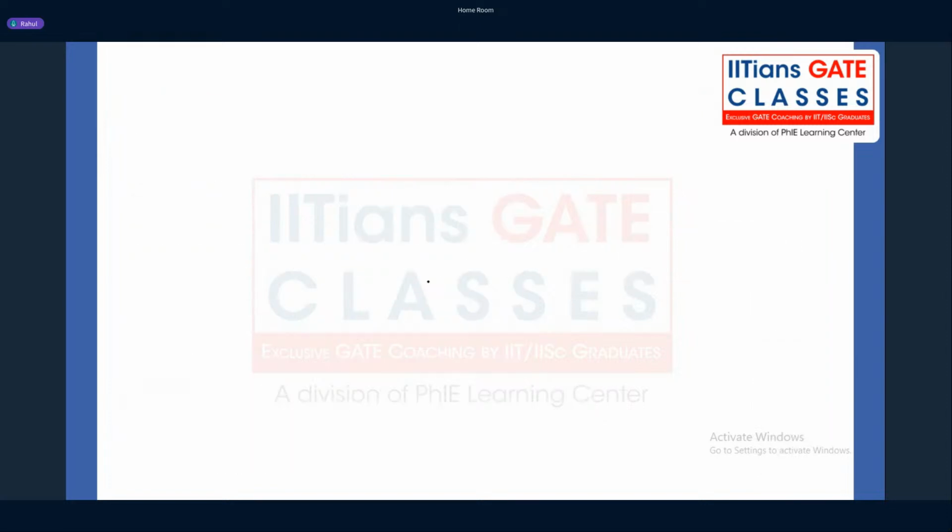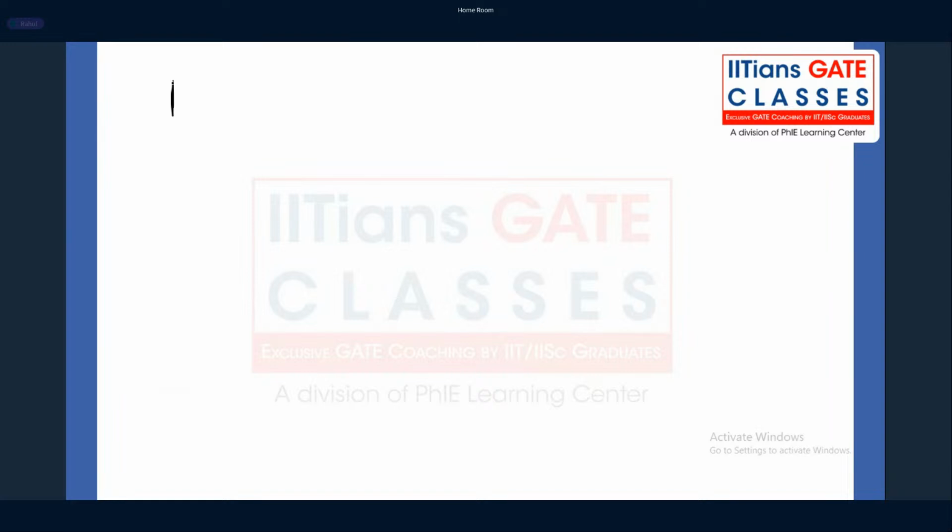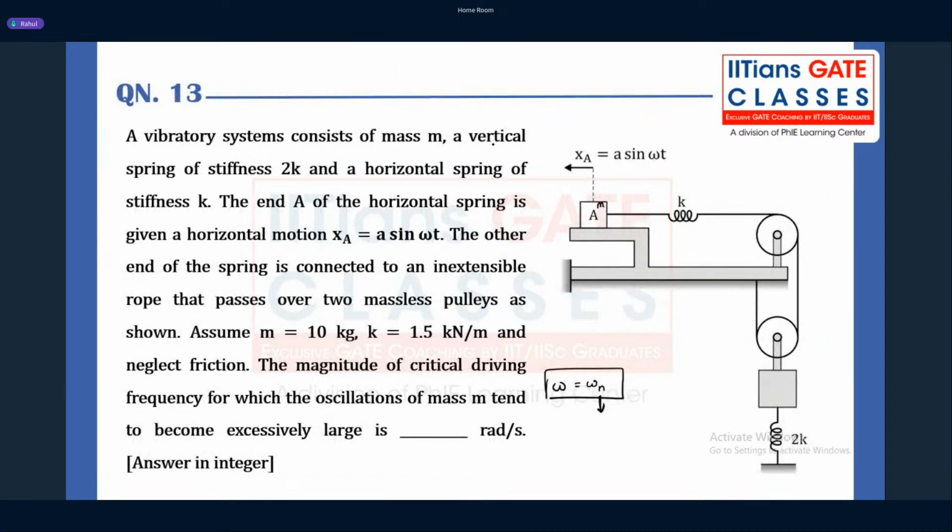So here, if I draw the diagram, I'm assuming that there is an end A, and I'm considering this end A to be a fixed site. The solution I'm giving right now is based on the energy method.